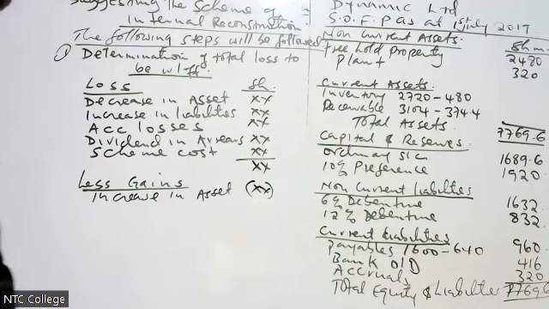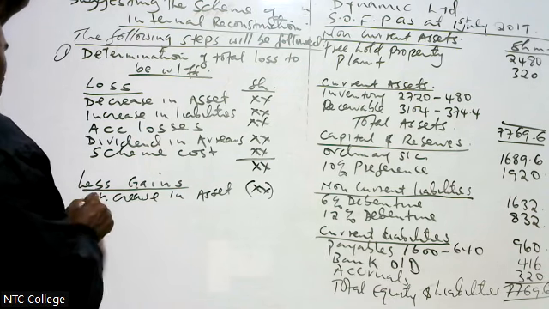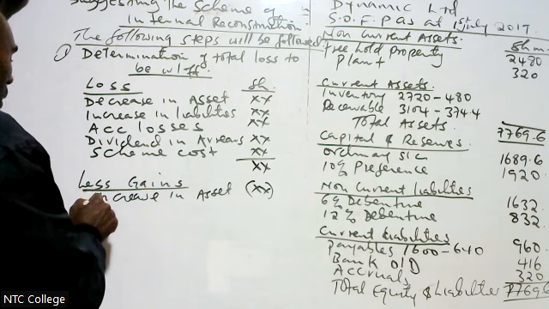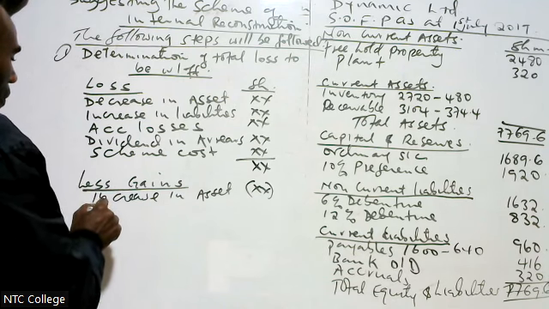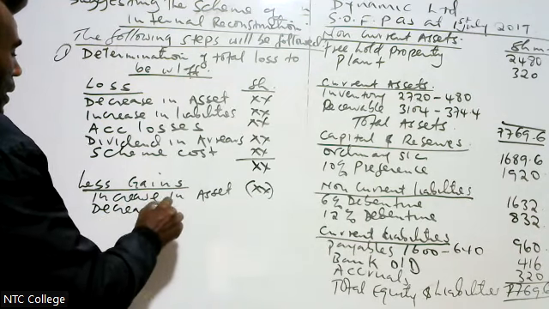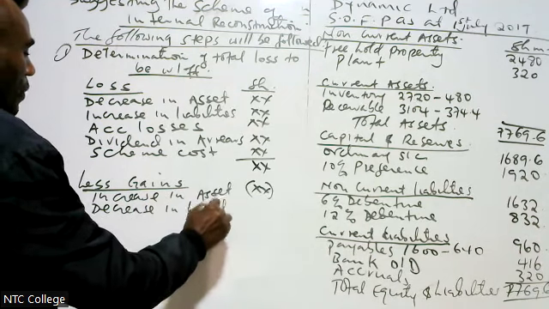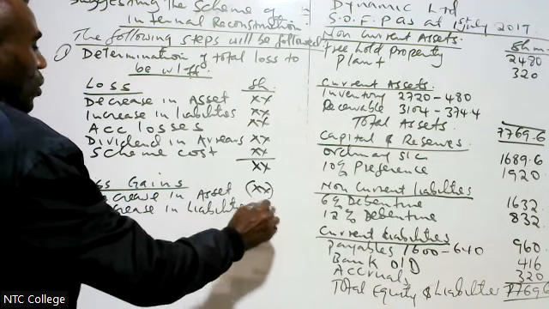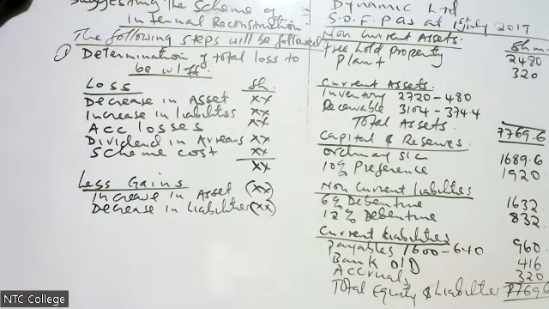You less the gains because we want total loss. Decrease in liabilities. When liabilities reduce, those are gains, therefore you less.